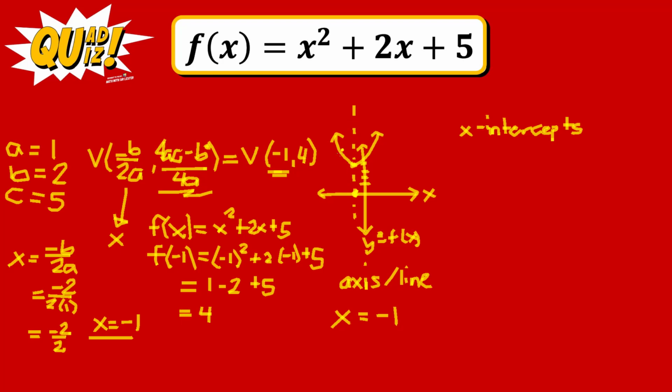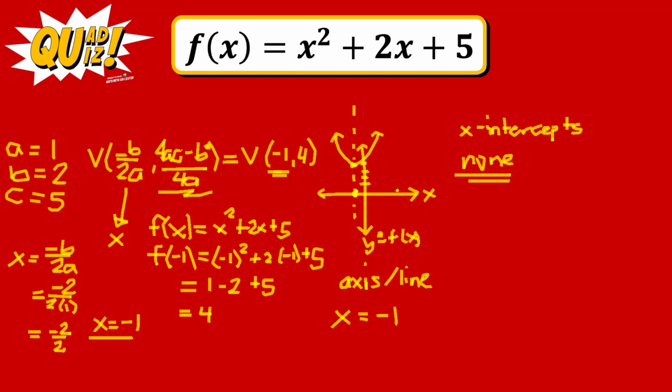As you can see, this graph extends further up. It will never touch this x-axis here. That is why, in our answer earlier in the third question of this QuadQuiz, there are no x-intercepts. There are 0 x-intercepts, because the graph will never intersect the x-axis.